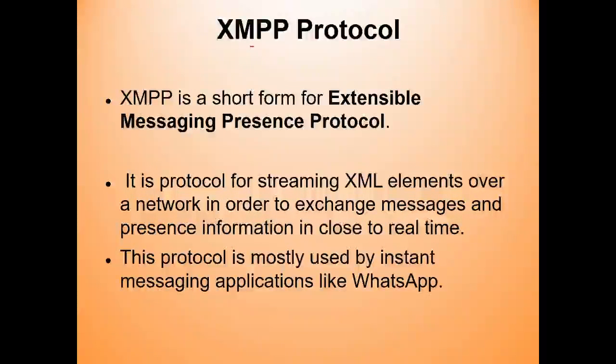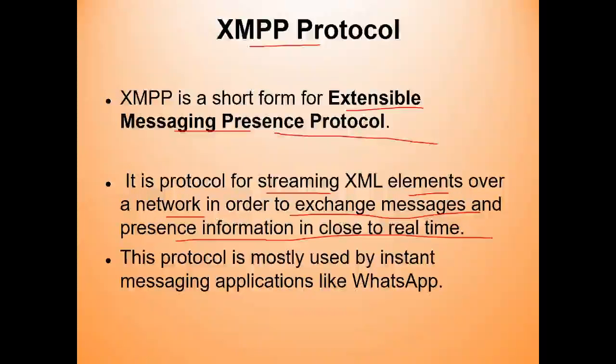The next protocol for communication is XMPP, and its full form is Extensible Messaging and Presence Protocol. This is for streaming XML elements over a network in order to exchange messages and presence information in close to real time. This is one way of exchanging messages from client to server.